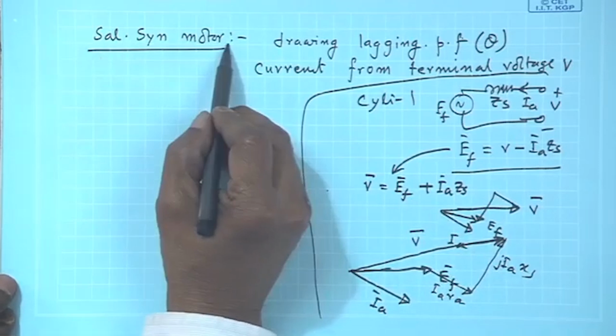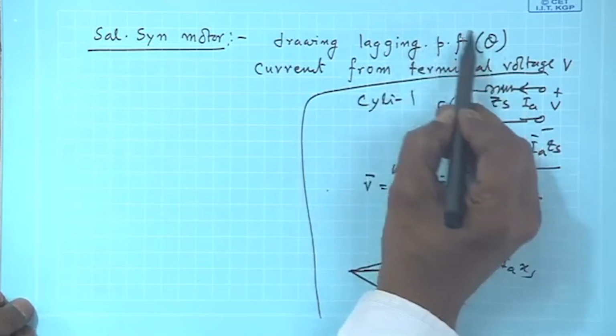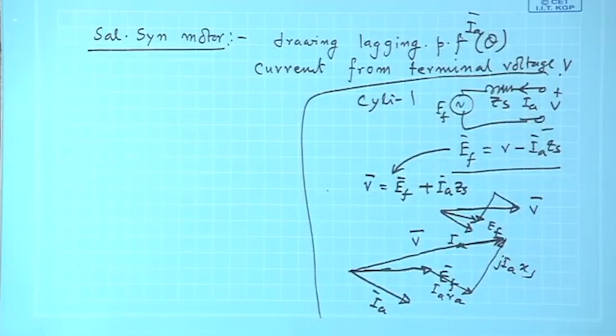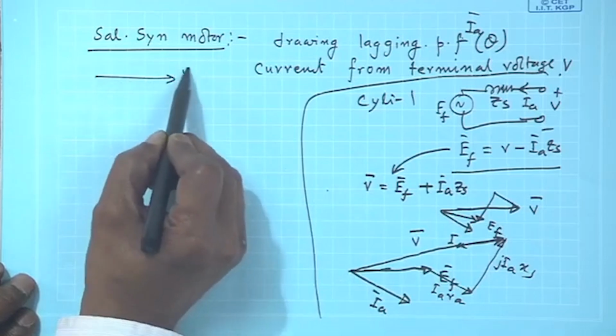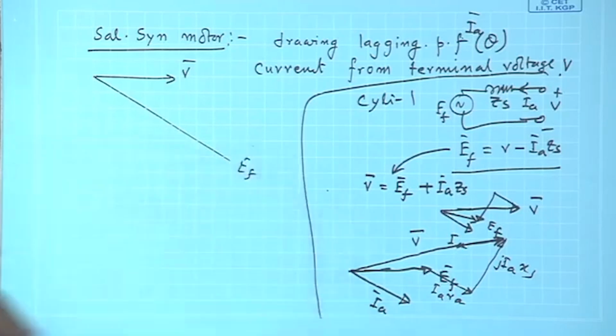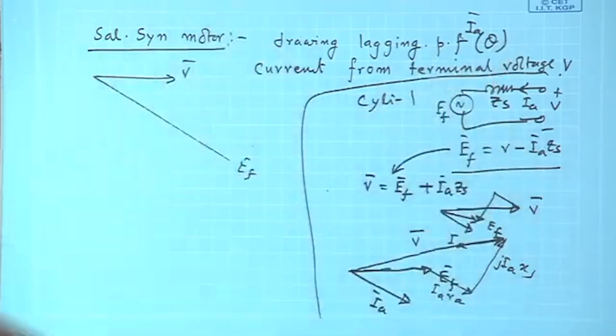So, a salient pole synchronous motor drawing a lagging power factor IA at a terminal voltage V, what will be the thing? So, I know this much only, that in case of motor, if this is your terminal voltage, EF must lie below it, that is certain, motor mode with this convention. So, EF will be below your voltage.